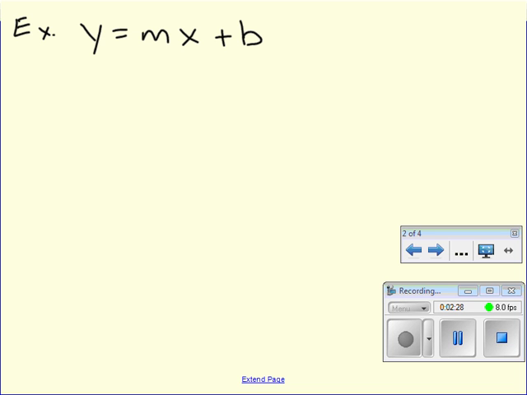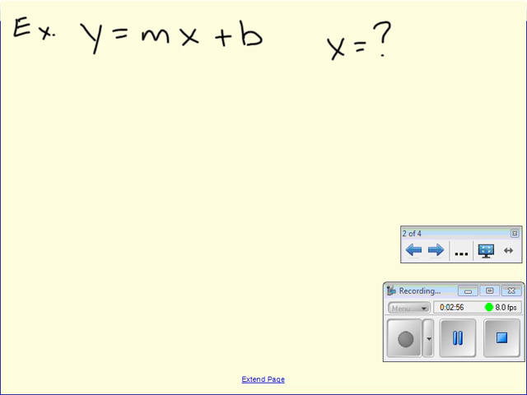M is the slope of the line, b is the y-intercept, and x and y are the variables of this relationship. Now this is all fine and good if I have an x value, the slope, and the y-intercept. What happens if I don't have the x variable but I have a y variable instead? So I want to know what x is equal to in this relationship.